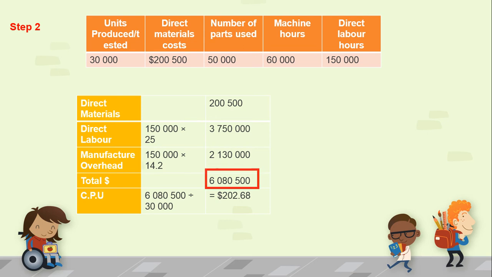For the total cost, you just need to add up all the costs that you just calculated, and then divide to get the cost per unit, and your result is $202.68.